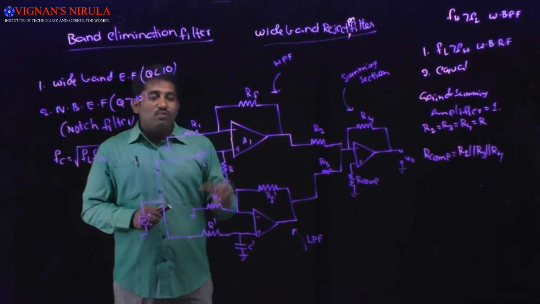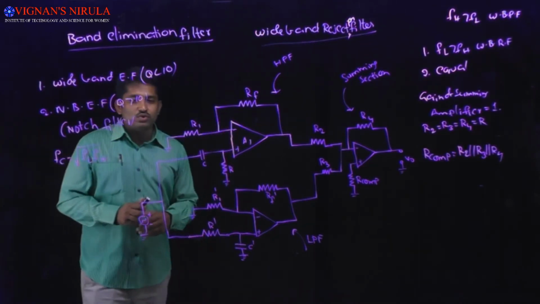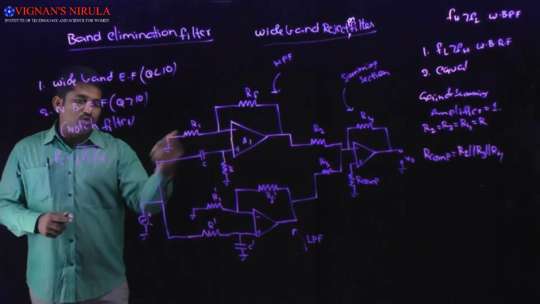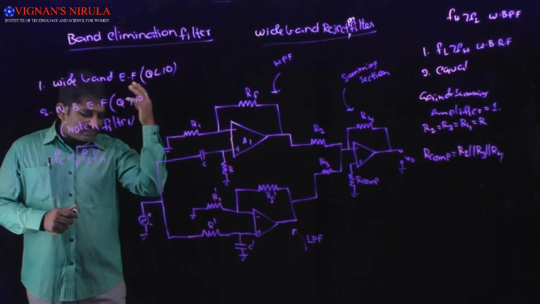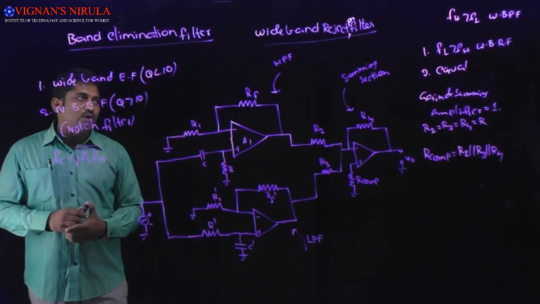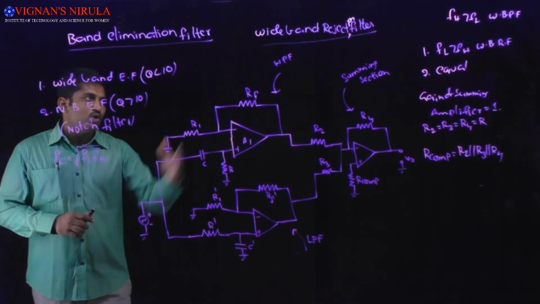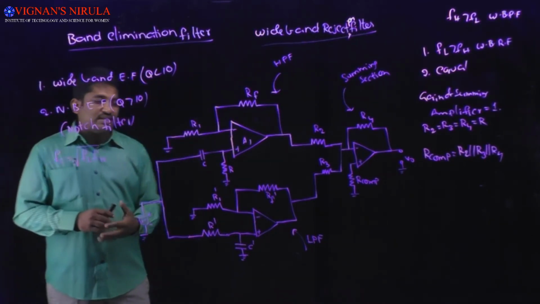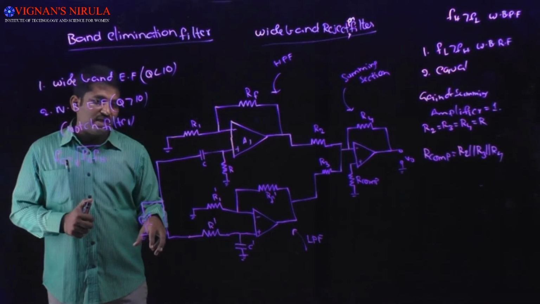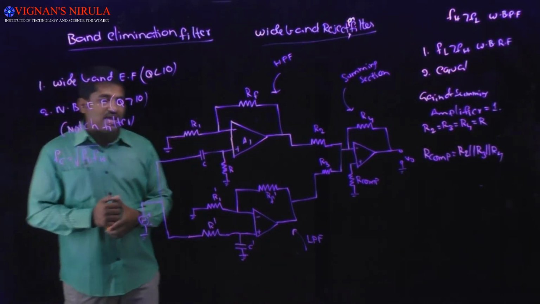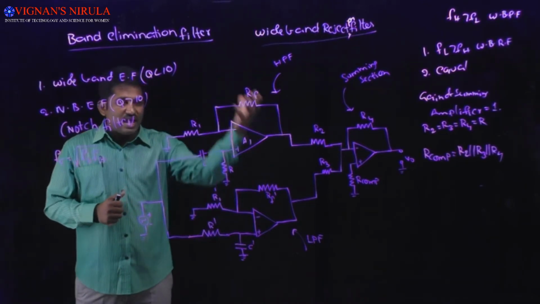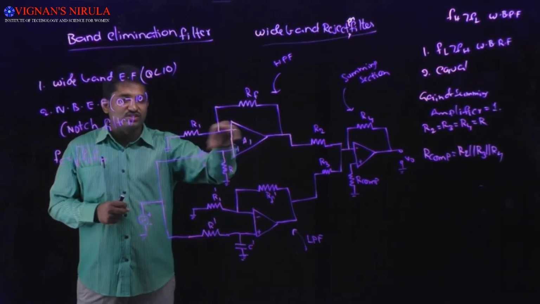Okay, whatever design steps you have used for the construction of the low pass filter as well as the high pass filter, the same steps you have to use here for the construction of the wideband rejection filter. I already discussed the first order low pass filter and first order high pass filter analysis, so I am not representing those equations again.